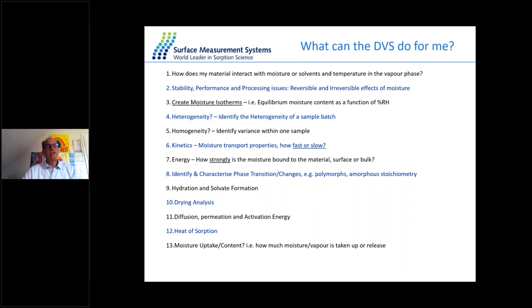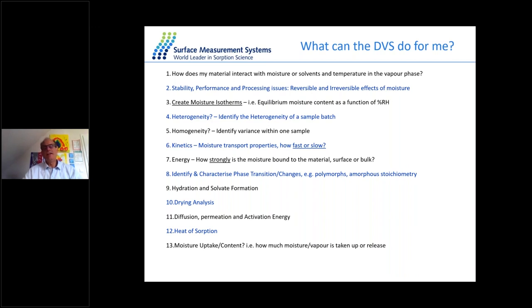An important point is the kinetics. How fast do things happen? How fast is the absorption? What you need also for diffusion experiments. How strongly moisture or other vapors are bound to a material.